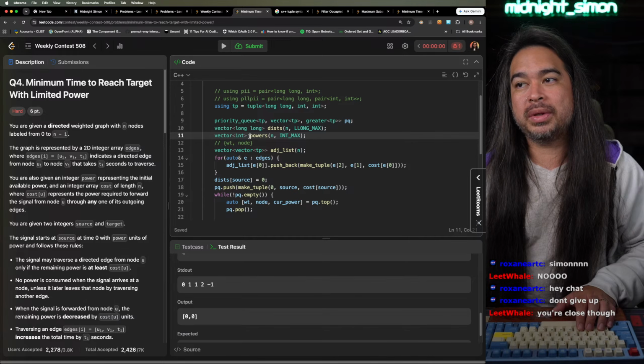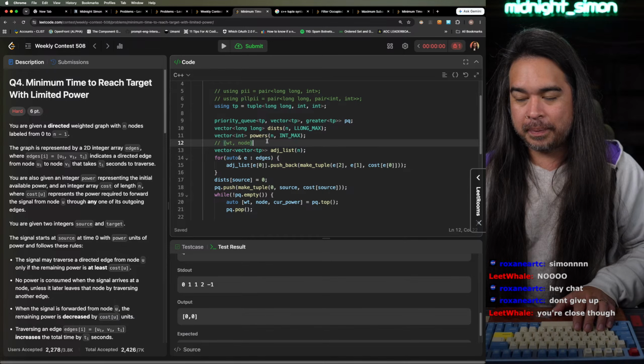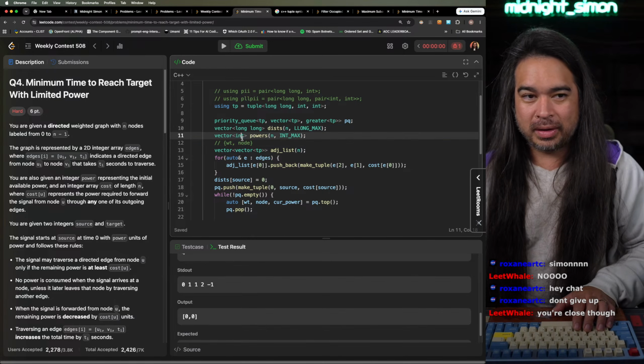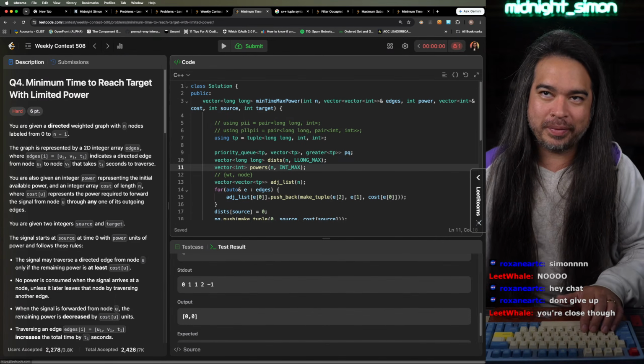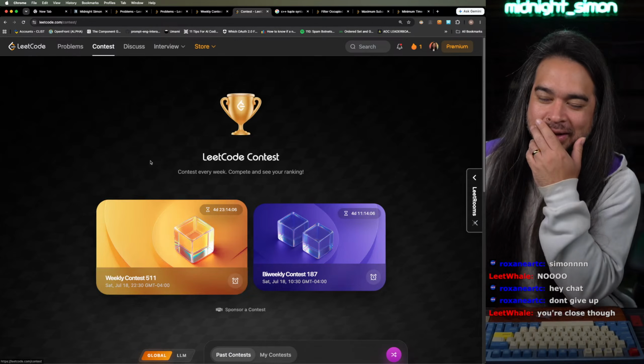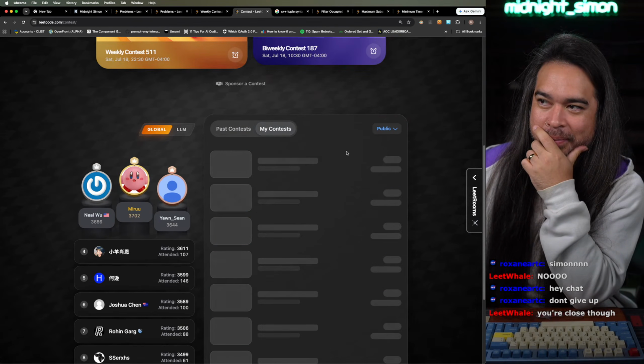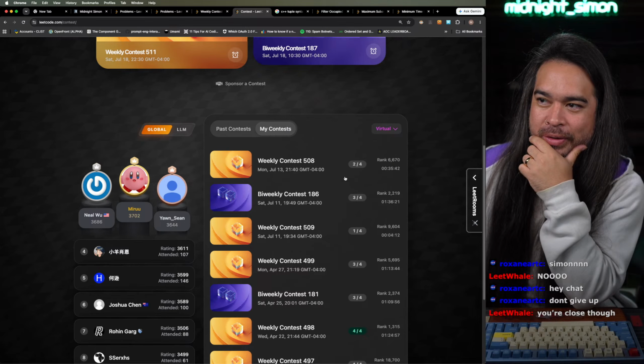And then this would be like the minimum power that could get you to that node. Yeah. Alright, I give up. It's time to do something else. Let's see. My time was up for that virtual anyways.